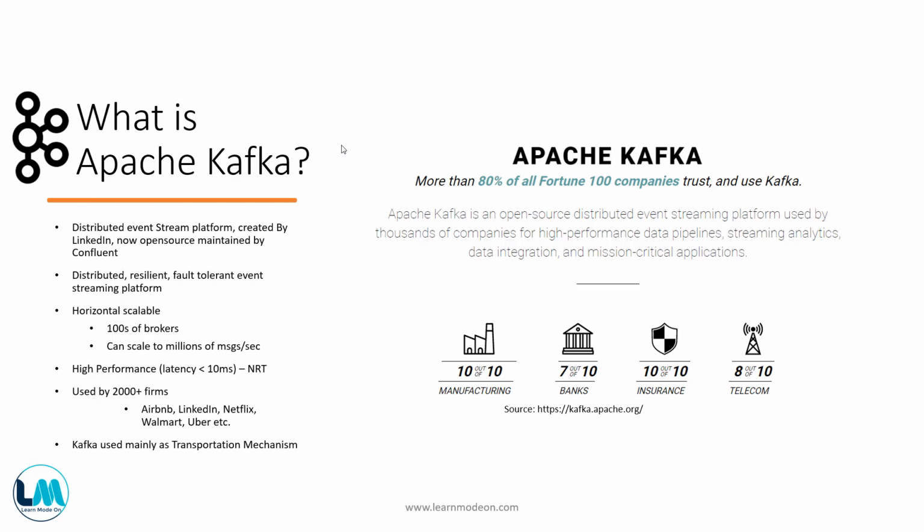It gives high performance with very low latency, which is almost real time. It's being used by 2000 plus firms, examples like Airbnb, LinkedIn, Netflix, Walmart, Uber, etc. And it is mainly used as a transportation mechanism. It has other applications as well, which you will see shortly.